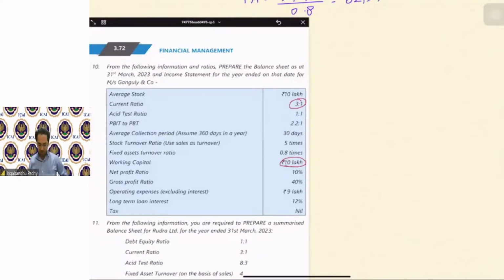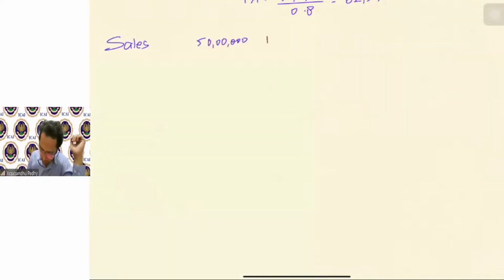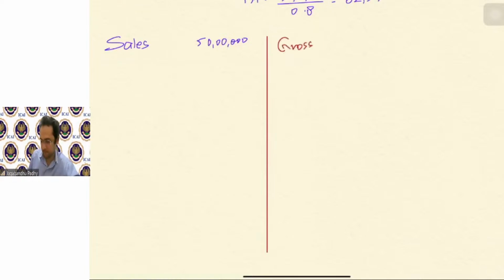Do we have any information about cost of goods sold? Yes, because we have a gross profit ratio of 40%.